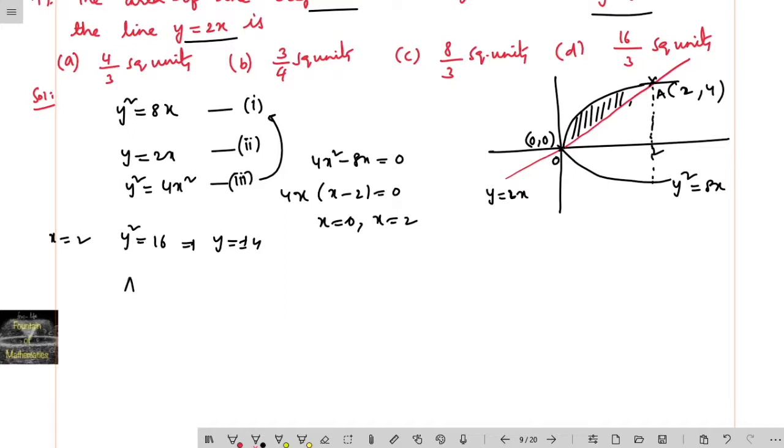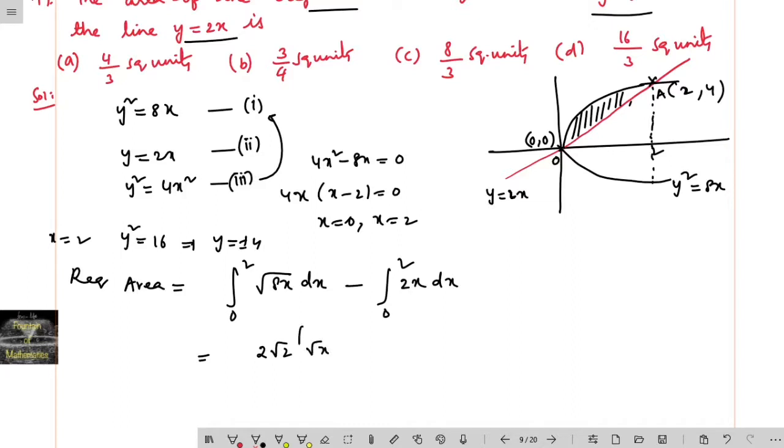So the required area is the integral from 0 to 2 of the upper curve y dx, which is √(8x) dx, minus again the integral from 0 to 2 of the line y = 2x dx. So this is 2√2 ∫√x dx minus 2 ∫x dx.